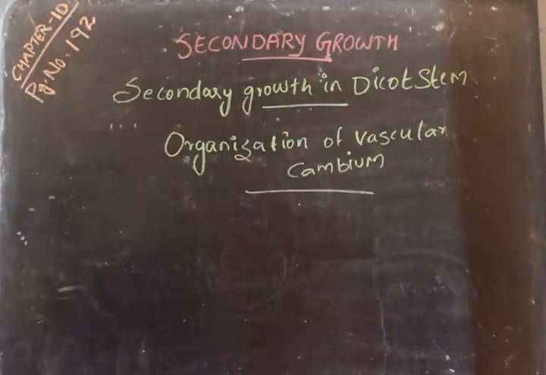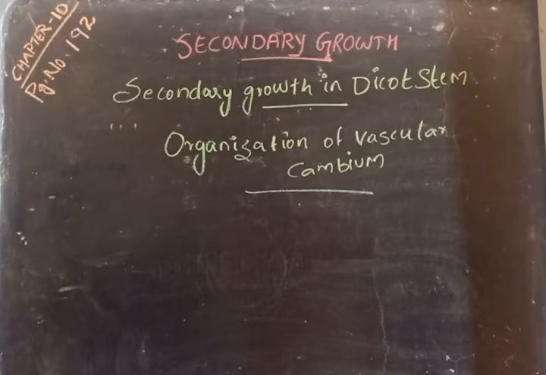Actually, the cells of vascular cambium don't fit the usual meristematic cells. Why? Because usual meristematic cells are isodiametric cells with dense cytoplasm and large nuclei. But an active vascular cambium requires cells with a large central vacuole surrounded by a thin layer of dense cytoplasm.